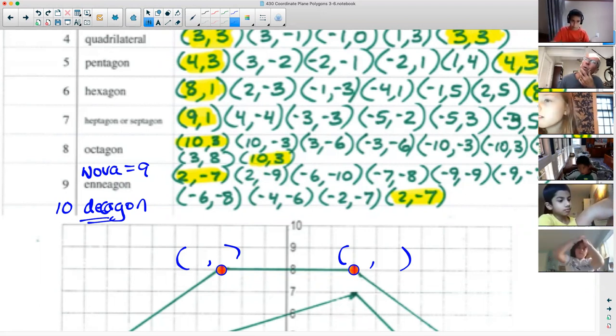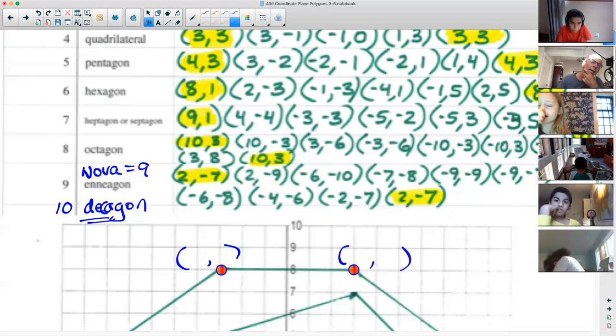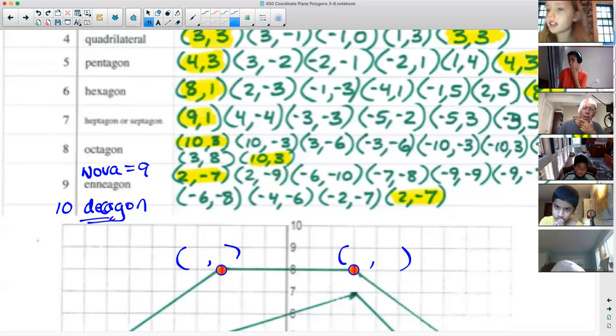Now, the only other word that I'm thinking about is a dime. Why do you think a dime is 10 cents? Go ahead, David. I think a dime because it's 10 cents and decagon is 10.